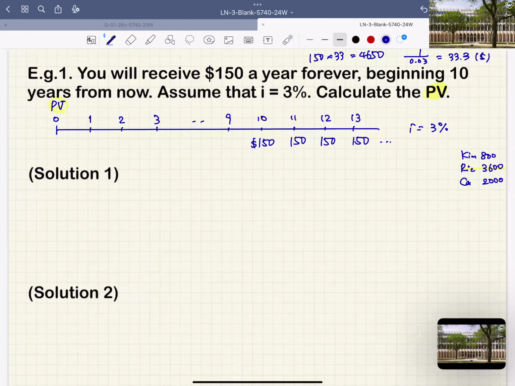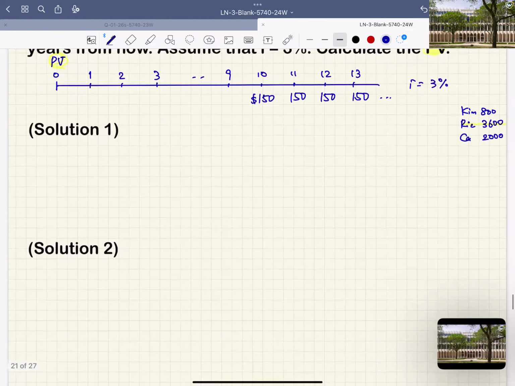Okay, so let's calculate that. There are several ways to calculate this cash flow.